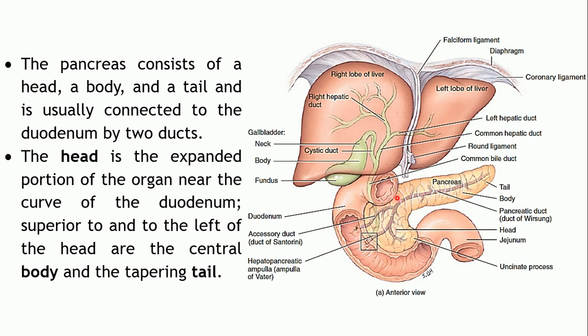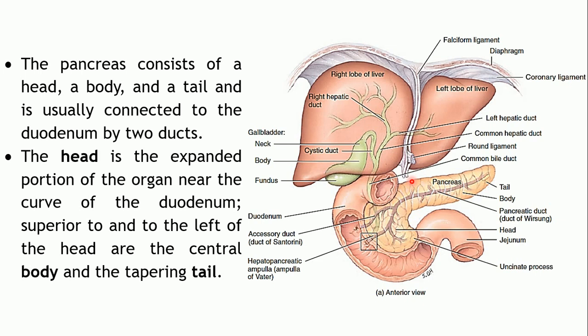Now, gross anatomy wise, it is basically divided into three portions: a head, body and a tail. This is usually connected to the duodenum. This is the duodenum, which is the first part of your small intestine. Here the J-shaped stomach is located.